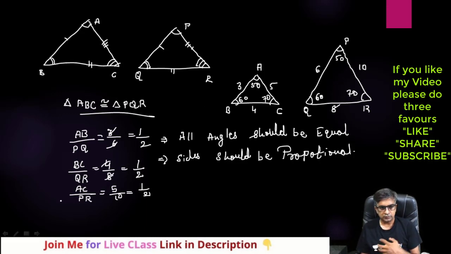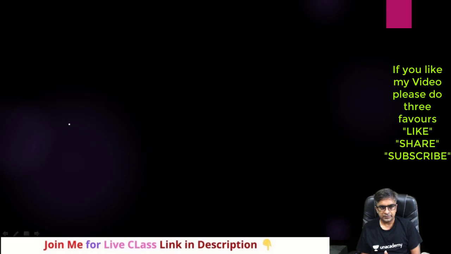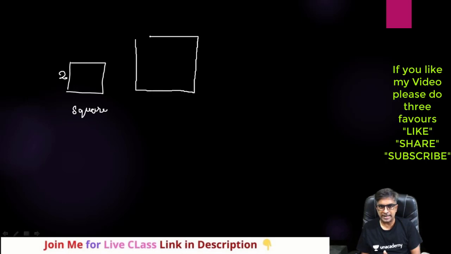Let me tell you a few examples. Suppose this is a square with side 2 centimeter, and this is also a square with side 5 centimeter. Can you say these two are similar? Yes, we can say these two are similar. Why?